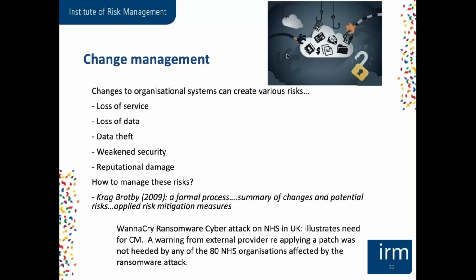So obviously the various risks that can be created are loss of service, loss of data, theft of data, weakened security and reputational damage, and companies need to, of course, have a clear policy in terms of how to manage those risks, and also what fallback options they've got.